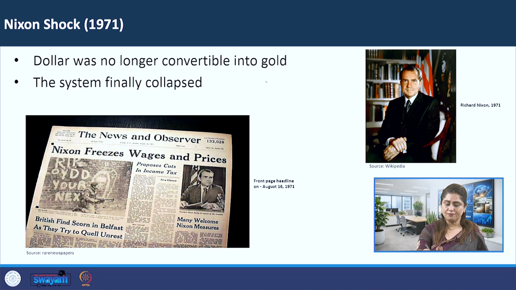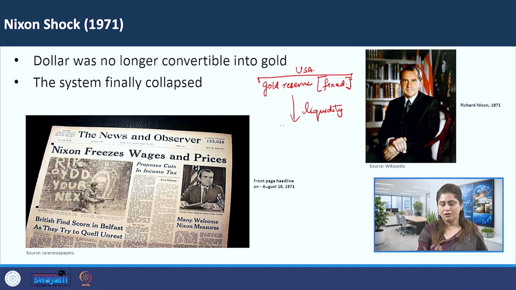Now, you have a gold reserve which is fixed, and this gold reserve is mainly in the USA. Now, in order to give liquidity, the USA has to print dollars.